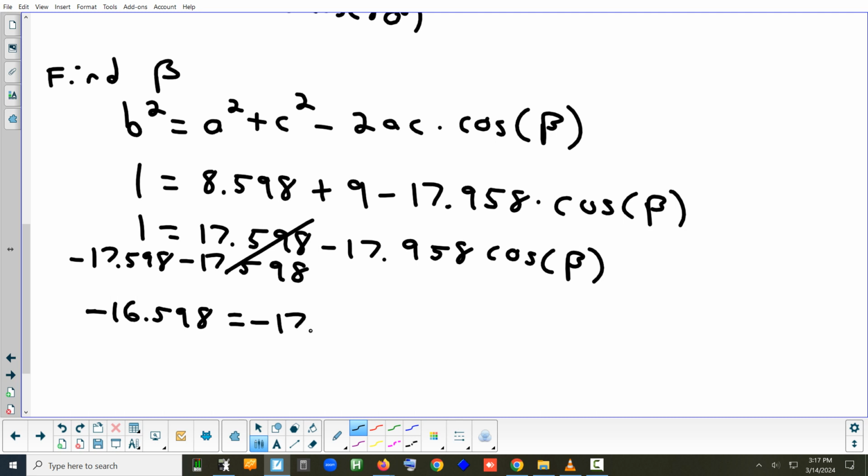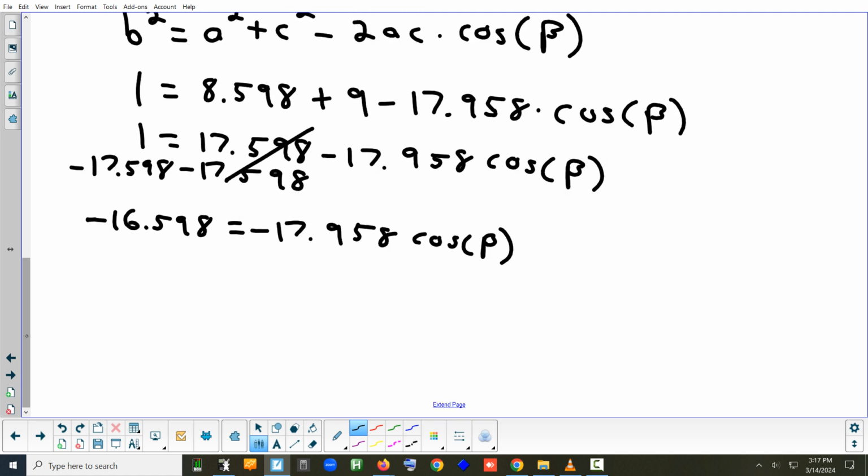Okay, so now we got that. Okay, what do we do next? Would we divide each side by negative 17.958? Yep, so we're going to divide. So we're going to have 16.598 over 17.958.